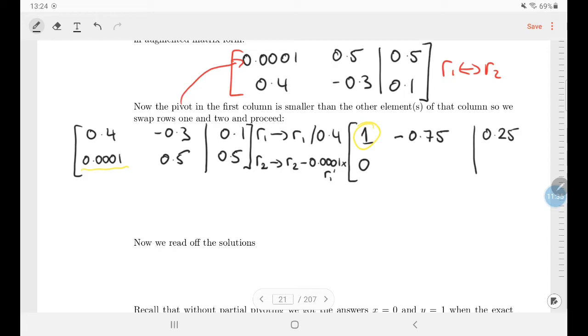0.5 minus 0.0001 by minus 0.75. And to 4 significant figures, it comes out as 0.5. So it's 3 zeros, 4 zeros, 3 zeros, and a 7. So 1, 2, and the third 0, because it's 0, 7, rounds up to 1.